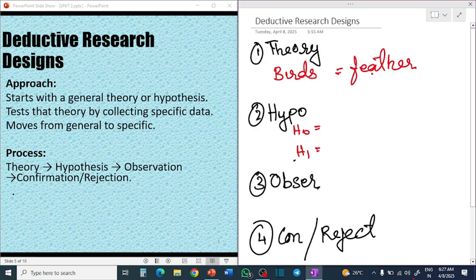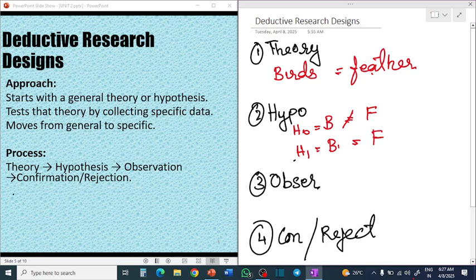We will do null hypothesis and alternative hypothesis in detail in our chapter of Unit 2. For this, you just have to understand that hypotheses are of two types. One says there is change and another says there is no change. So in alternative hypothesis, you will say birds have feathers, and in null hypothesis, we'll say the opposite, birds have no feathers. So this will be your hypothesis.